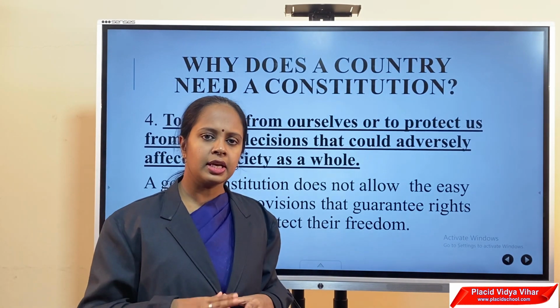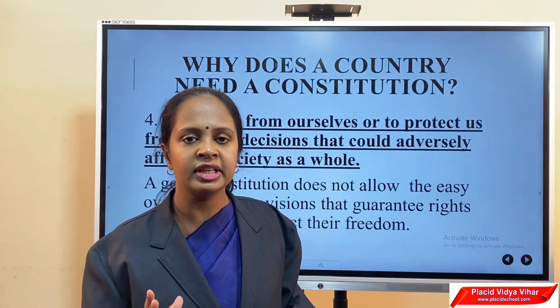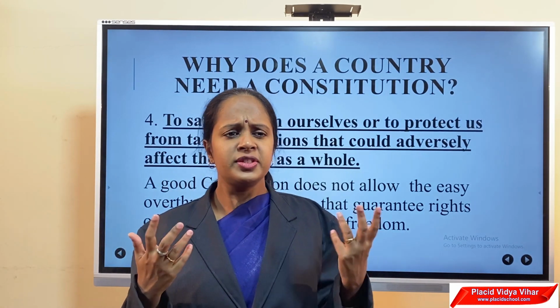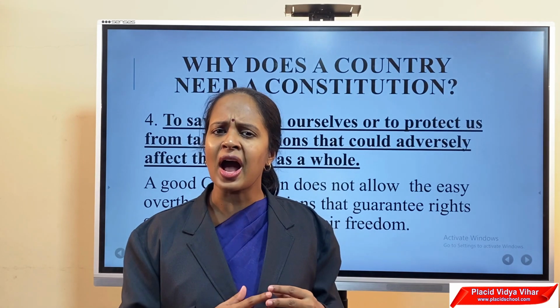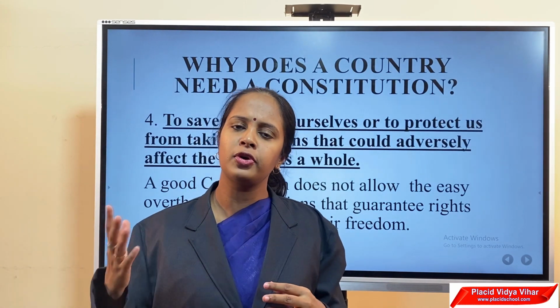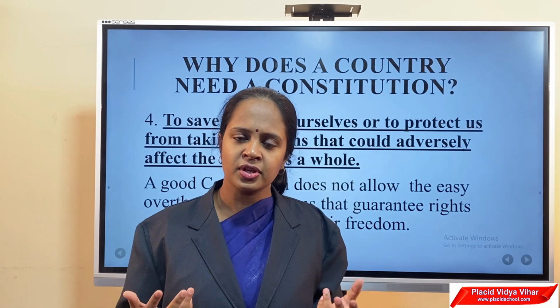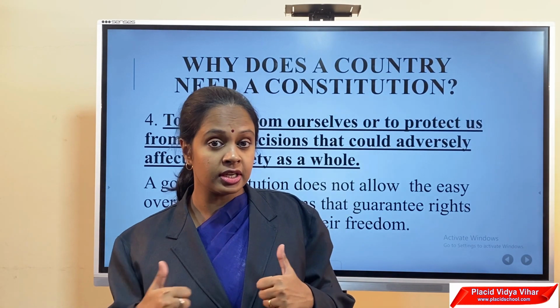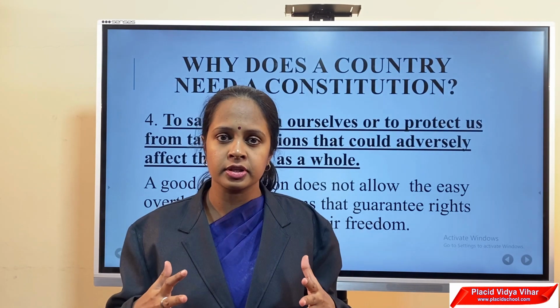For instance, in a democratic form of government, sometimes people might feel that this party politics became so acrimonious. Acrimonious means so harsh, so rigid. We need a powerful dictator instead of this party politics.